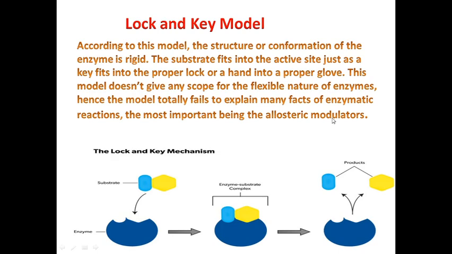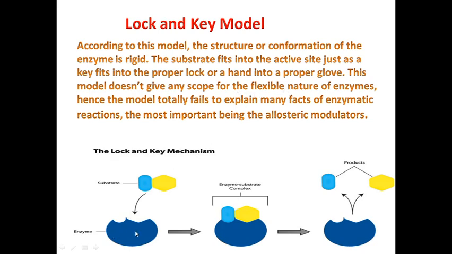I'll be explaining that later when we study inhibition in tomorrow's topic, inshallah. So this model has a drawback that it states that the enzyme is rigid and the active site is pre-shaped. Fine, it does not give any scope for the flexible nature of the enzymes.